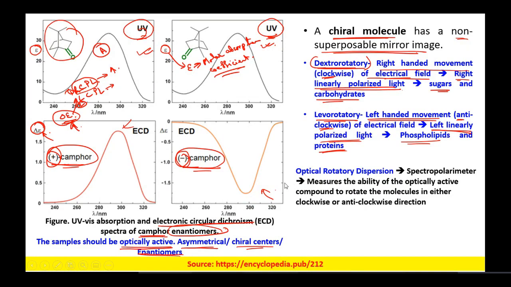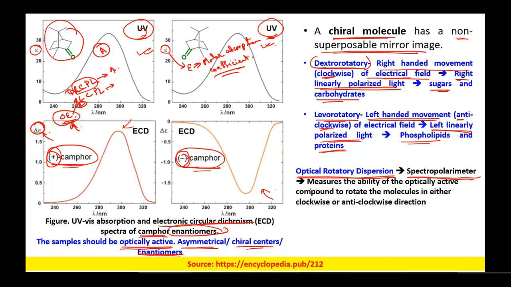So herein we have another parameter, optical rotatory dispersion, which can be studied using a spectropolarimeter. So what does this spectropolarimeter do?